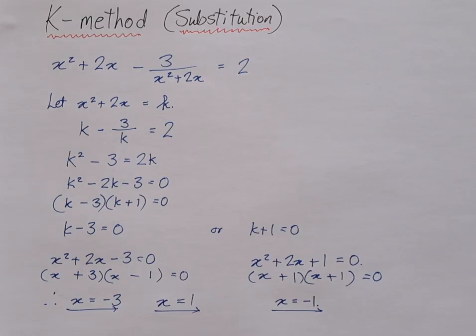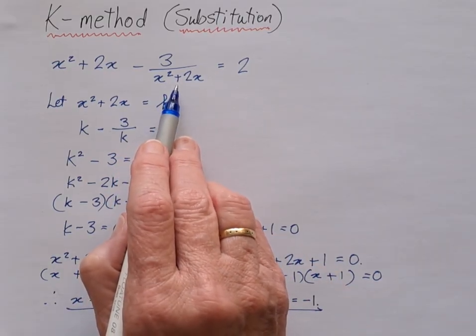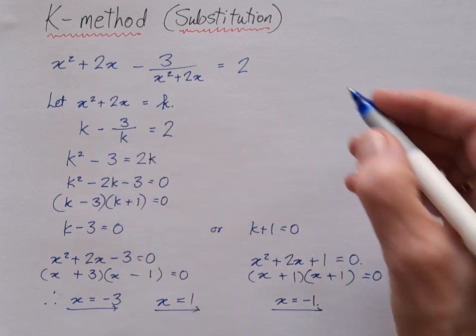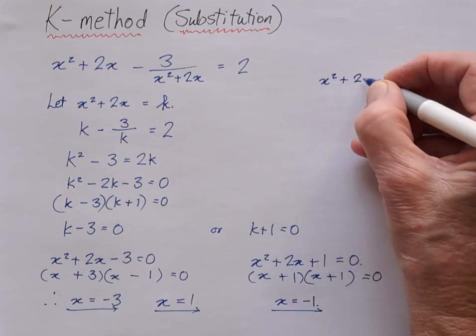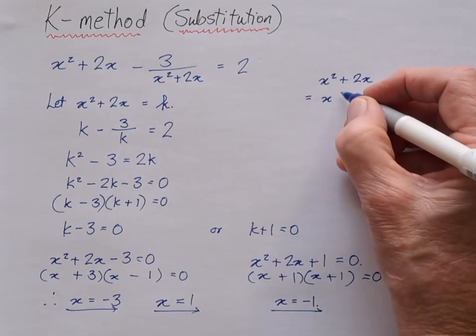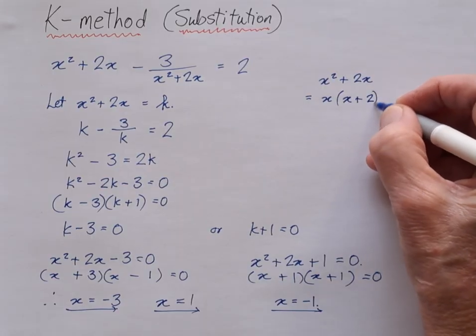And I hope that everybody's shouting at me, because what haven't we done yet? I've purposefully left it out to see if you are awake and remembering what I've said in the previous videos. Those of you who are saying we've got a denominator with variables in it, and as soon as we've got a denominator with variables, we need to have restrictions. So we need to say that x squared plus 2x could be factorized as x, taking out a common x, which will leave me with x plus 2.